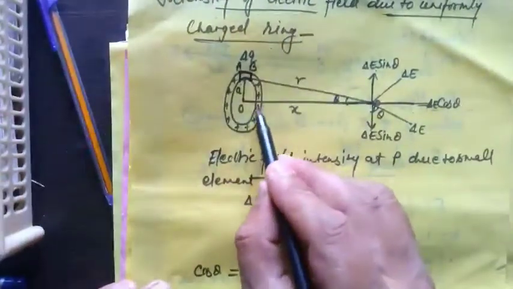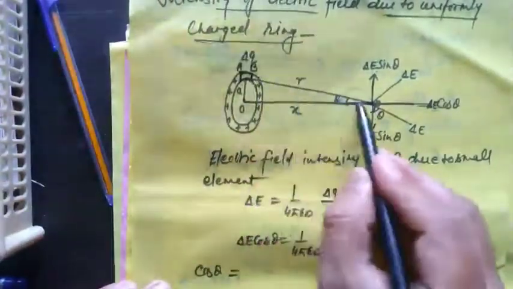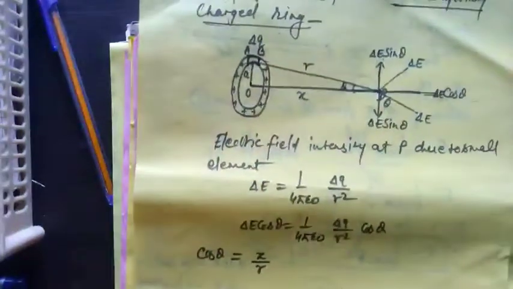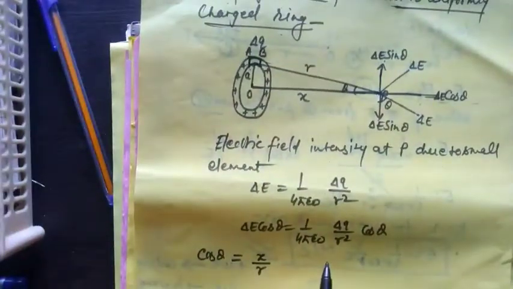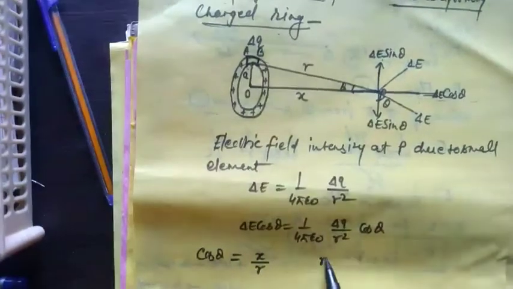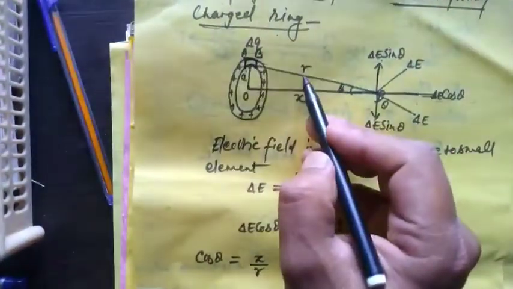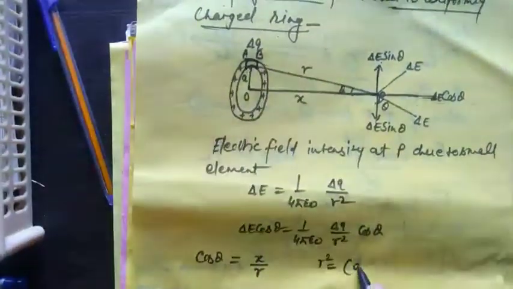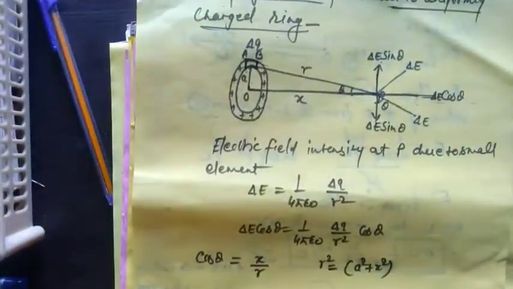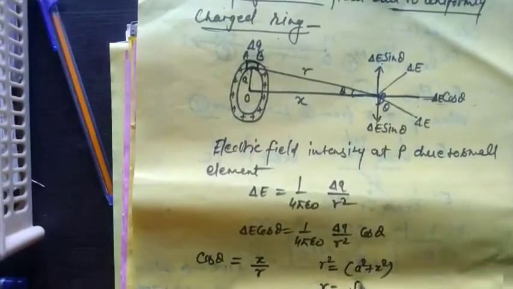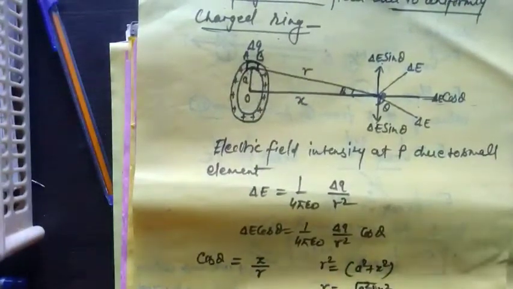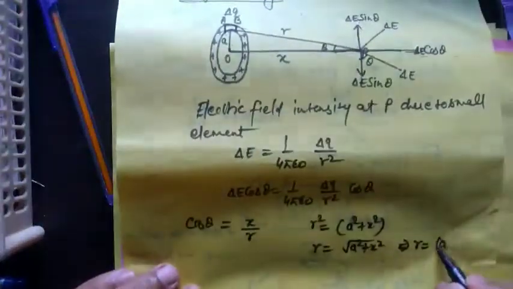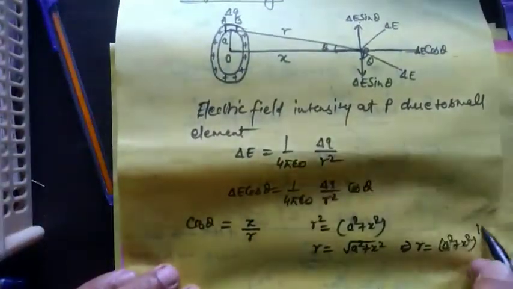Cos theta is base upon diagonal, x upon R, and we know the theorem of Pythagoras: the diagonal square equals base square plus normal square, and R value is (a square plus x square) to the power 1 by 2.